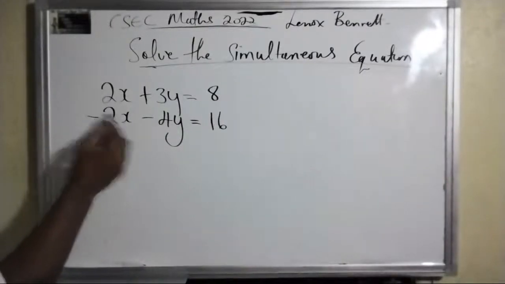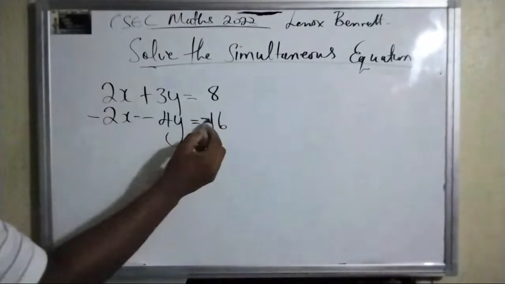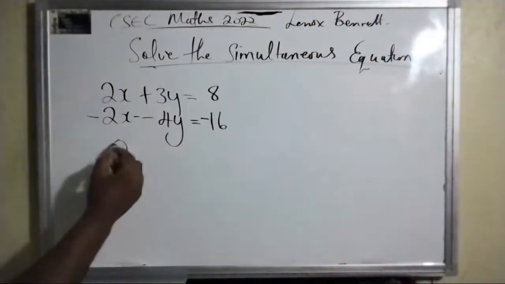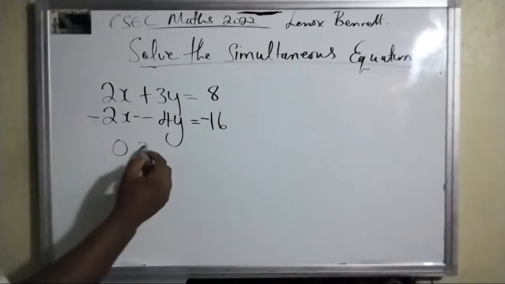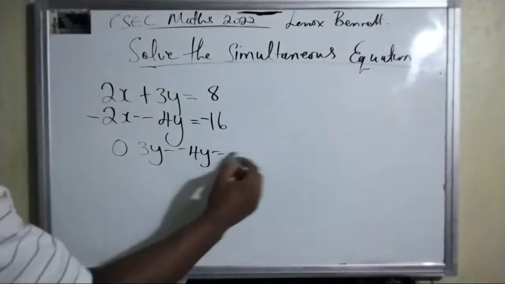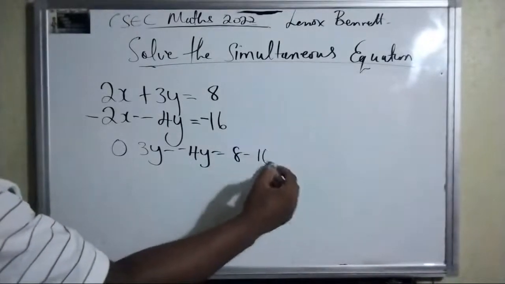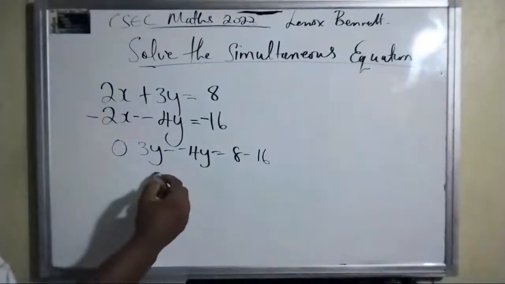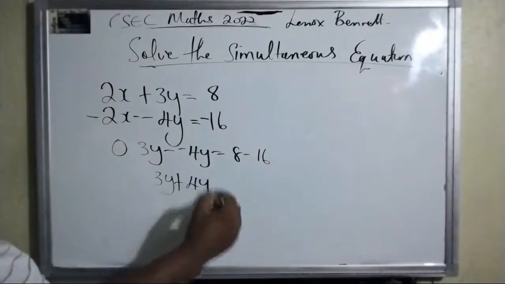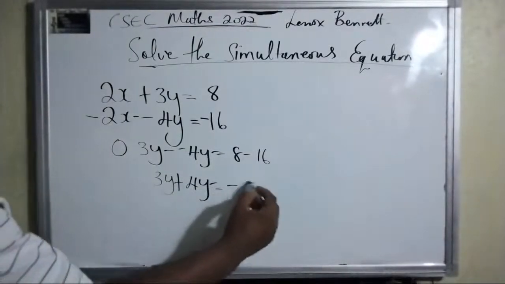So subtract, subtract, subtract. This will give us 0, 2x minus 2x, and 3y minus 4y equal to 8 minus 16. So this will give us positive, so it's 3y plus 4y equal to negative 8.